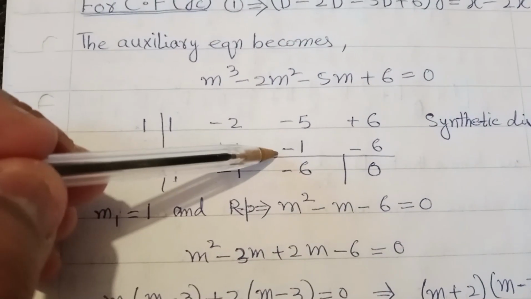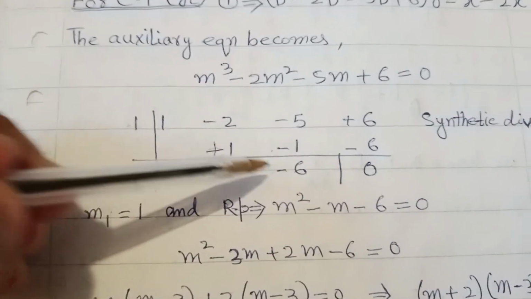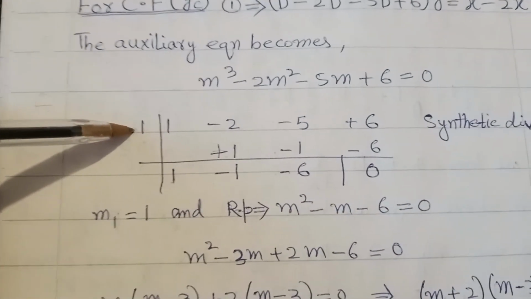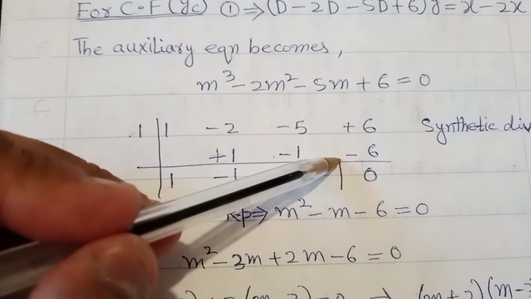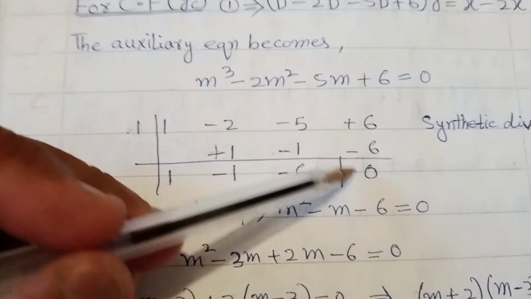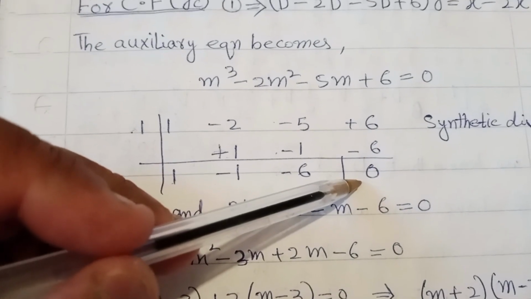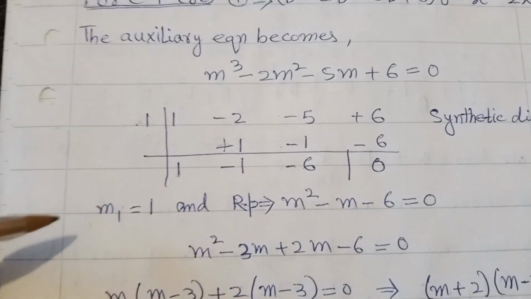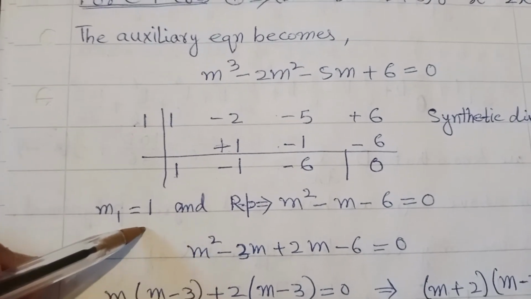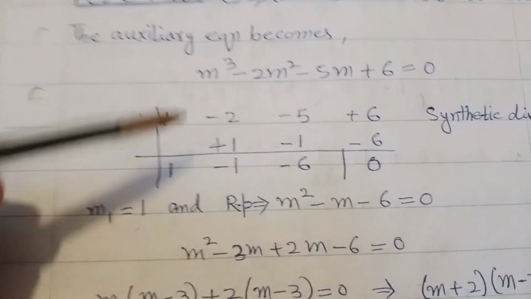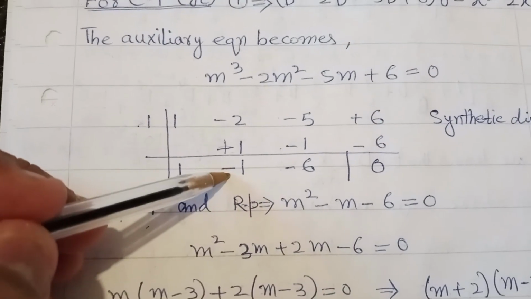So we write here minus 1, minus 5 plus minus 1 is minus 6, multiplied by 1 that is minus 6. So minus 6 plus 6 is 0. Remainder is 0. So our first root m1 will be 1.